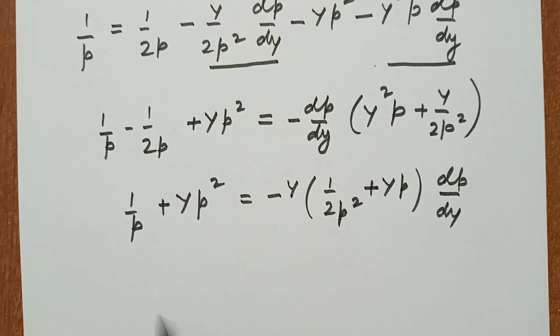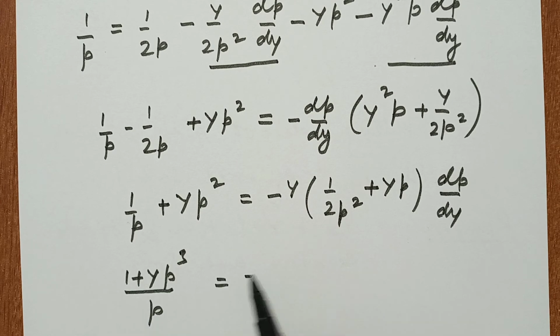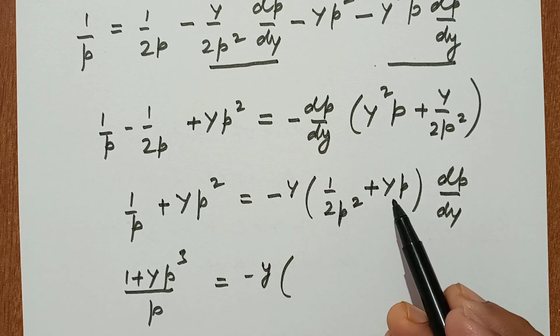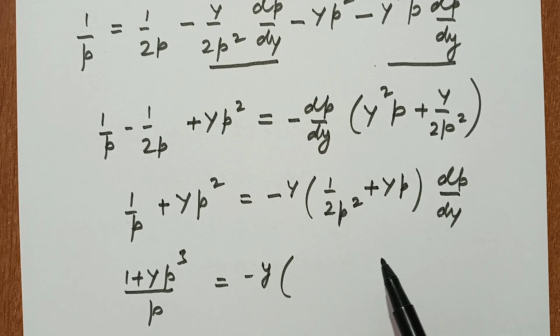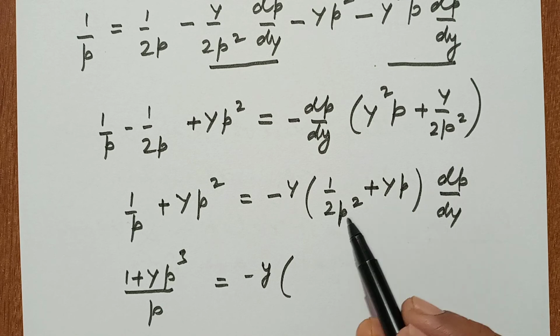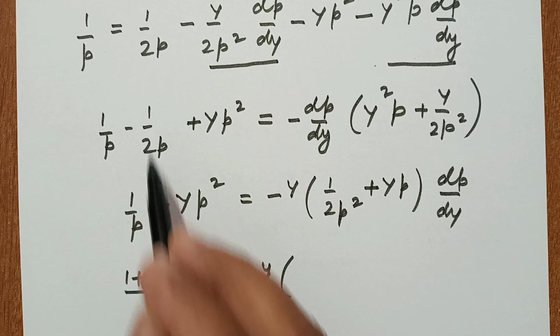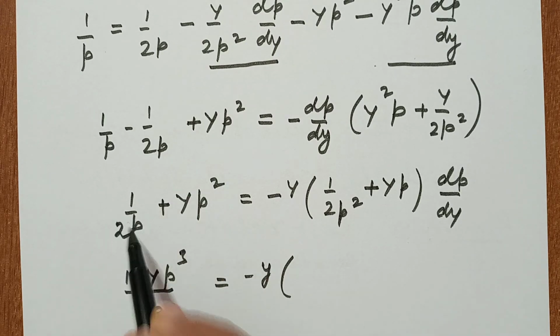Okay, now here (1 + yp³)/p = -y (1 + yp³) [...] here 1 minus 1/2, so this is 1/2.